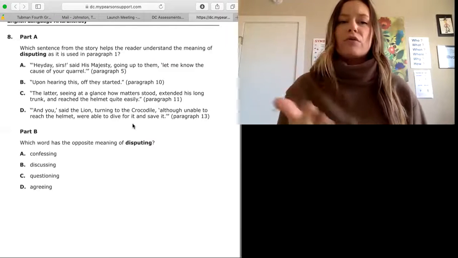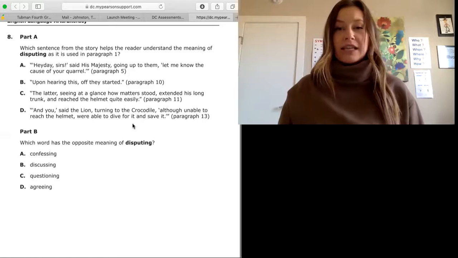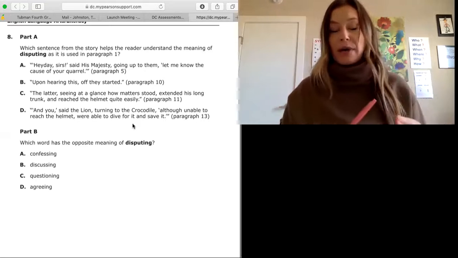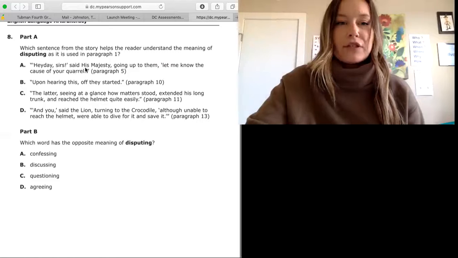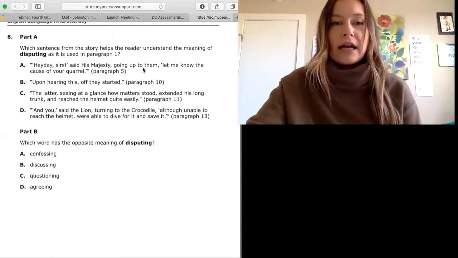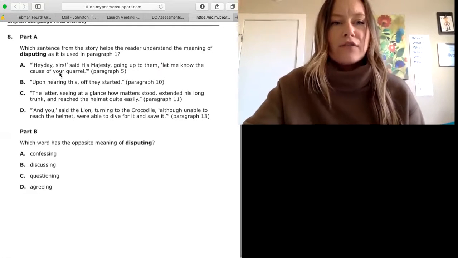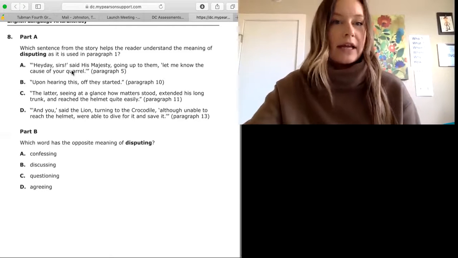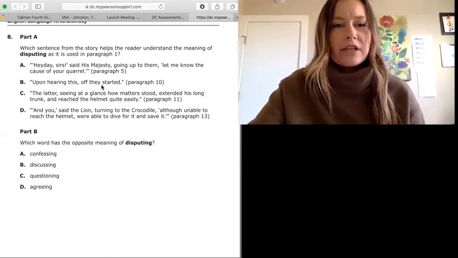And now I'm going to go see which option they've laid out for me and seeing if one of those has a word similar to arguing in it. "Hey day, sirs," said Mr. Majesty, going up to them. "Let me know the cause of your quarrel." Oh, quarrel means fighting. Yeah, that one goes. "Upon hearing this, they started."